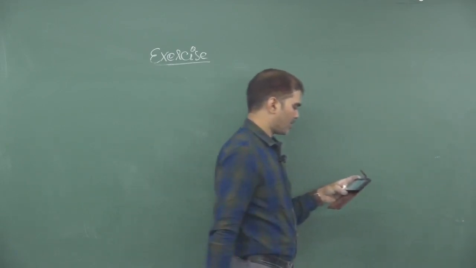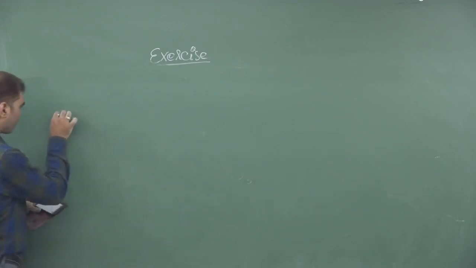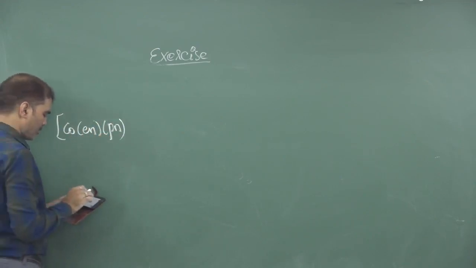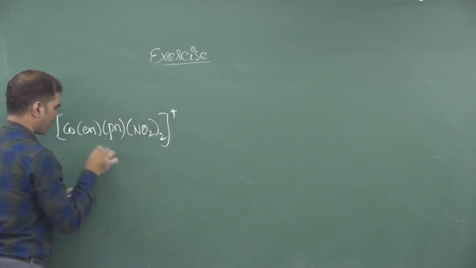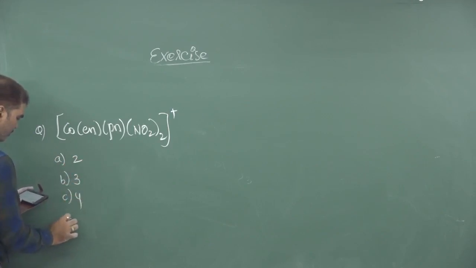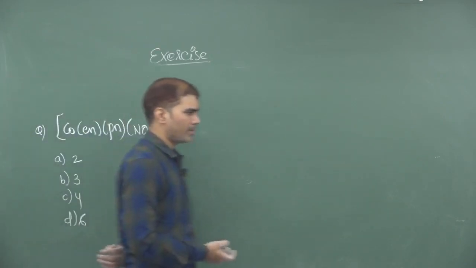The number of geometrical isomers possible for cobalt en pn NO2 taken twice plus, number of geometrical isomers possible. What is your option?